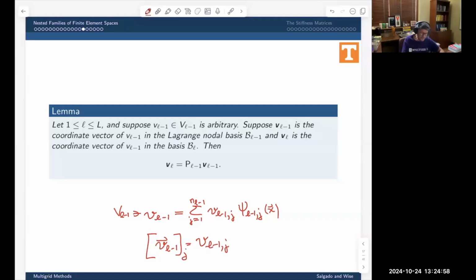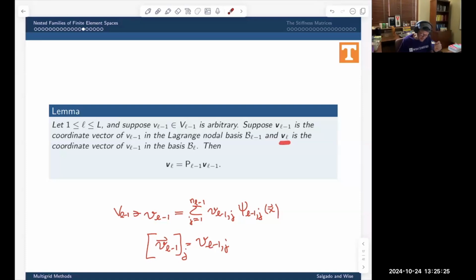The jth entry of this vector is this coefficient in this linear combination. So what we call this object here is the coordinate vector with respect to the basis. Now, if you change the basis, you change the coordinate representation. Everybody knows this. No big surprise there.